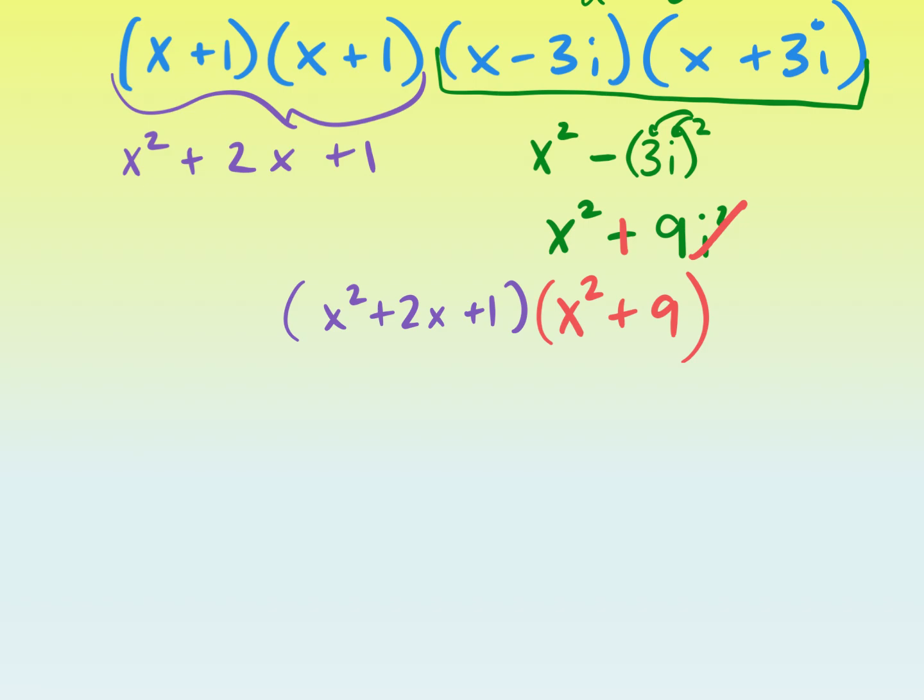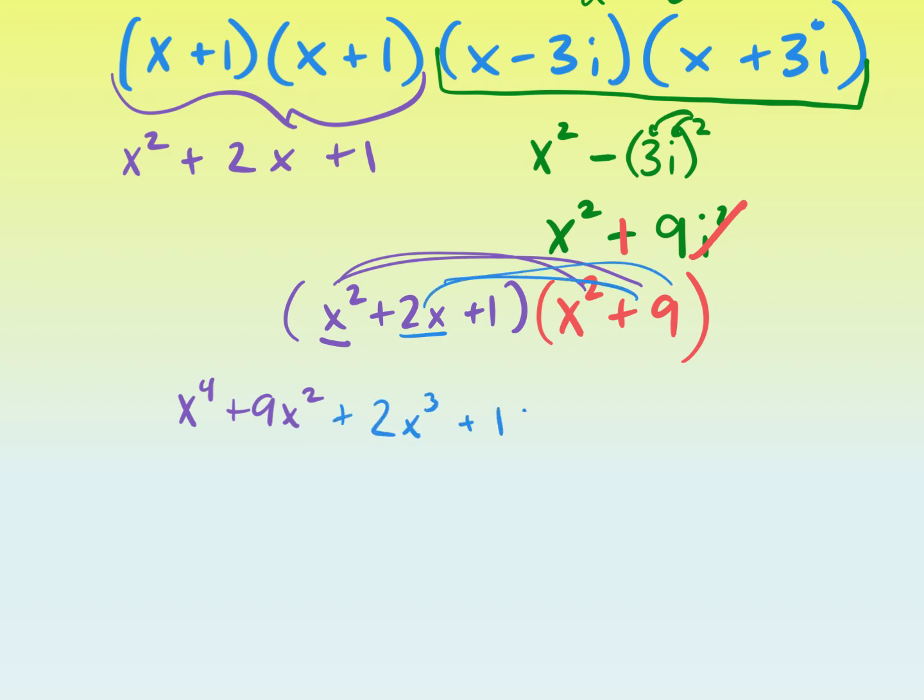Everything in your first set gets multiplied to everything in the second. Starting with x squared times x squared would be x to the 4th power. x squared times 9 would be 9x squared. 2x times x squared would be 2x cubed, plus 18x, plus x squared, plus 9.